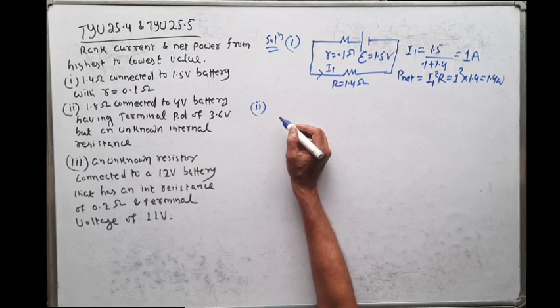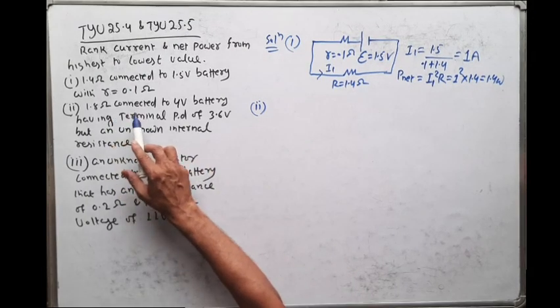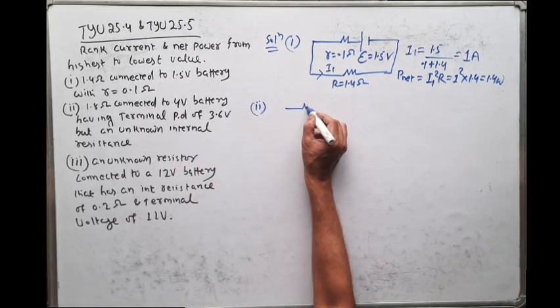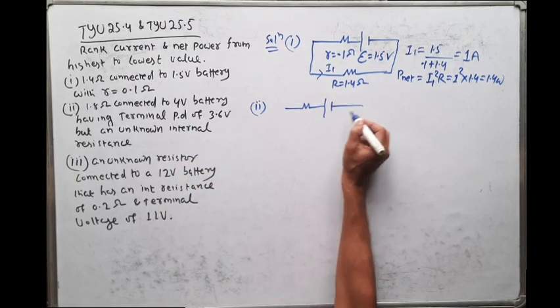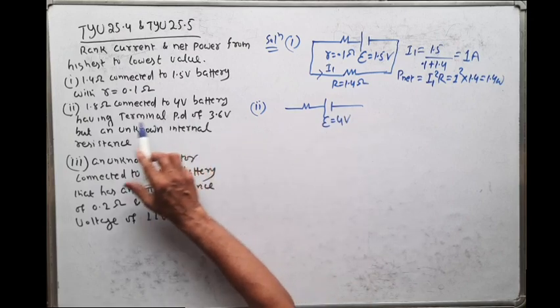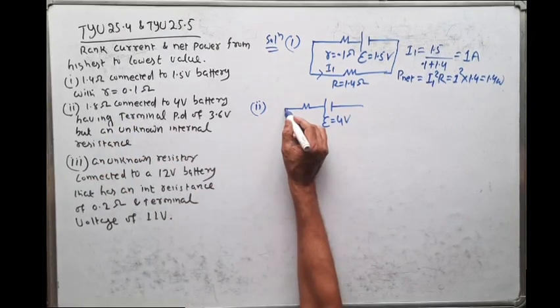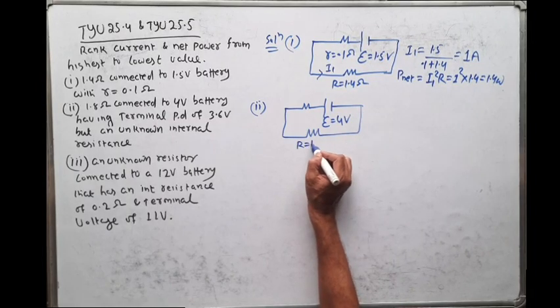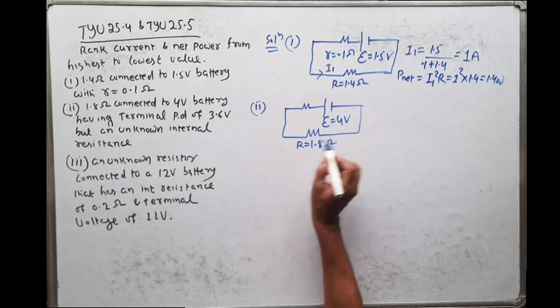In the second case, it is given that a 1.8 ohm resistor is connected to a 4 volt battery. So this is a battery whose EMF is equal to 4 volt. 1.8 ohm is connected across the battery, that is the external resistance is equal to 1.8 ohm.